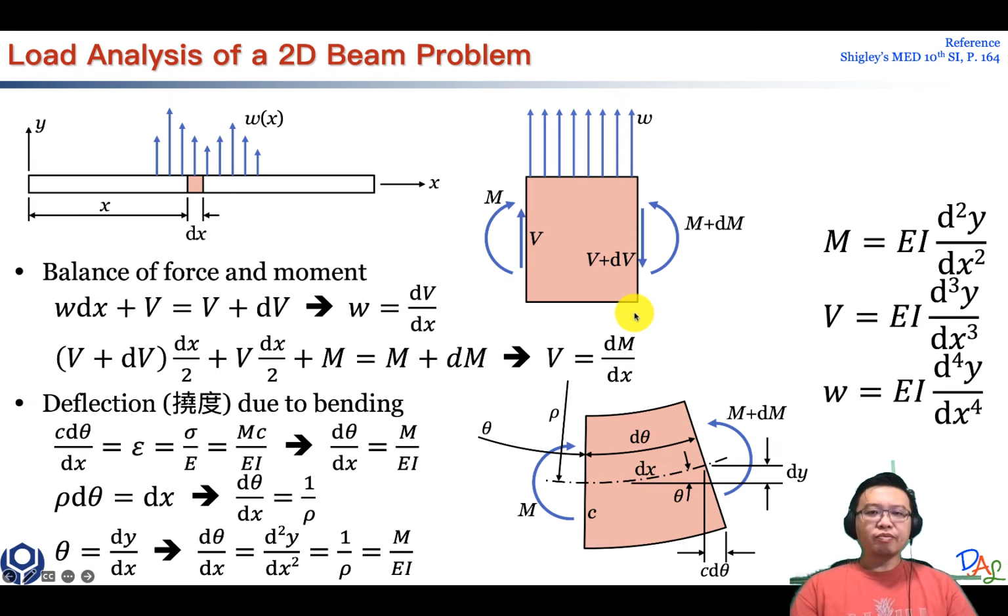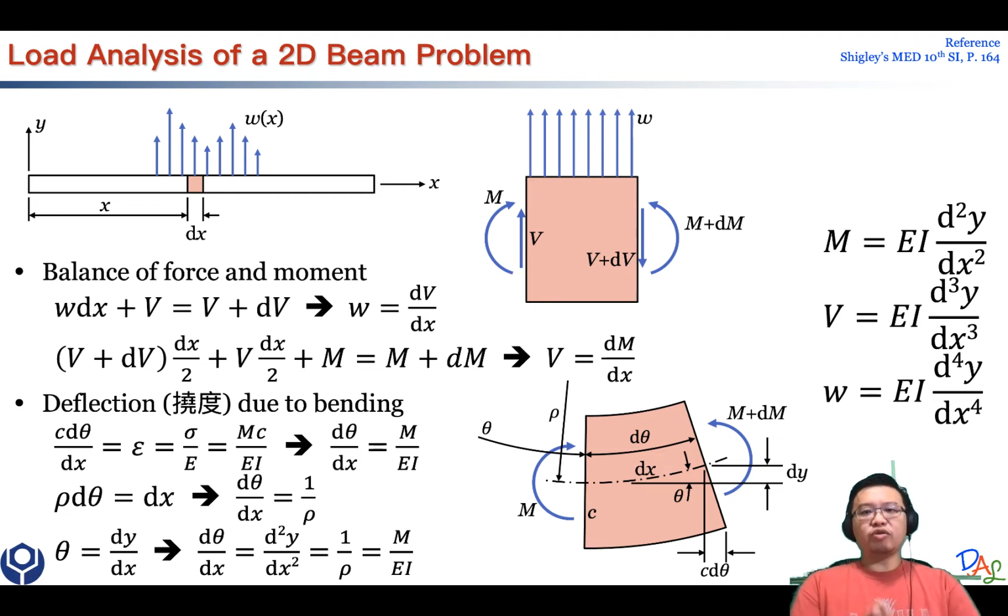We are trying to follow the direction of the moment and shear based on the drawing. Of course, you can derive this based on a different configuration. For example, if the moment on the right-hand side is clockwise, then the moment on the left should be counterclockwise.